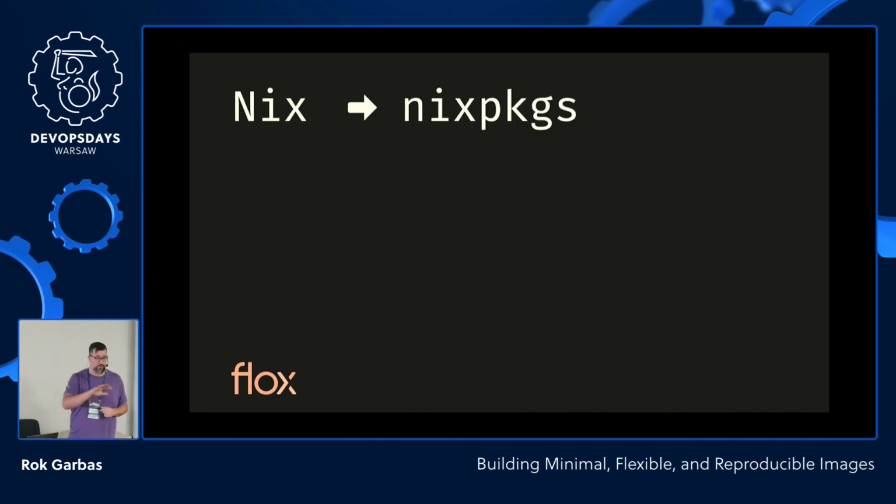Then I mentioned before these expressions. With this expression language, you write recipes for how to build packages, just like in any other package manager. Those expressions we put in a Nix packages repository, where we build them and provide binaries.